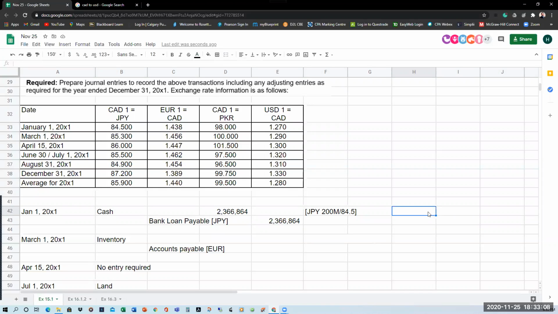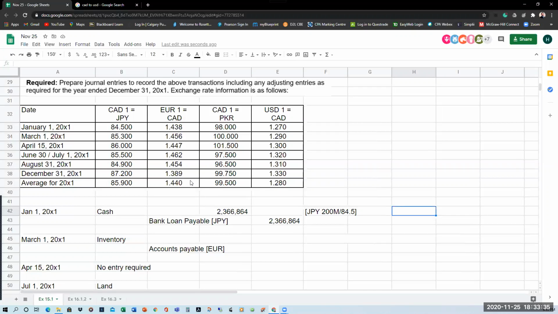2,366,864. This way of presenting the exchange rates is called an indirect quotation, where the value of the foreign currency is not expressed in Canadian dollars, but rather the Canadian dollars are expressed in terms of the foreign currency. When you have that kind of an exchange rate given, then you do division, right?